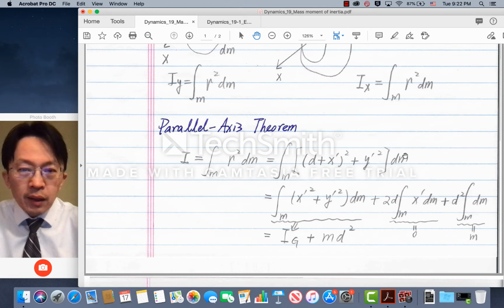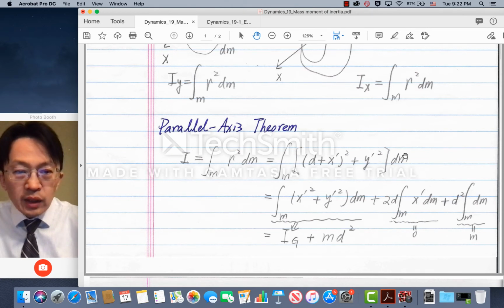We know that by what we call the parallel axis theorem. In the parallel axis theorem, the distance r can be written as the vector sum of an arbitrary value d and the distances from the z-axis to the other two perpendicular axes, which we call x prime and y prime.